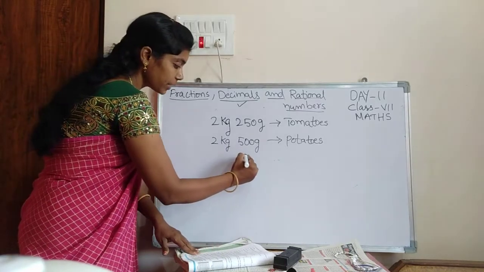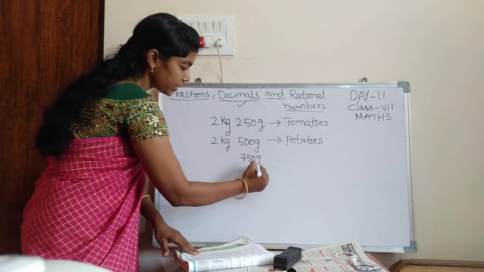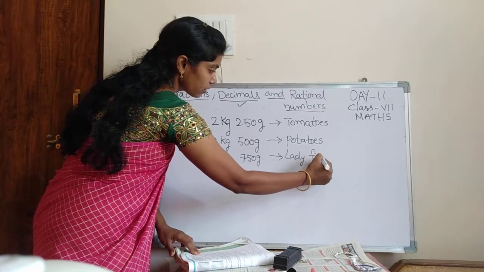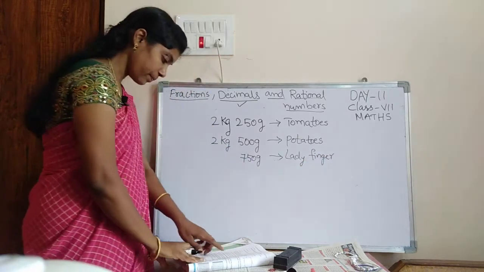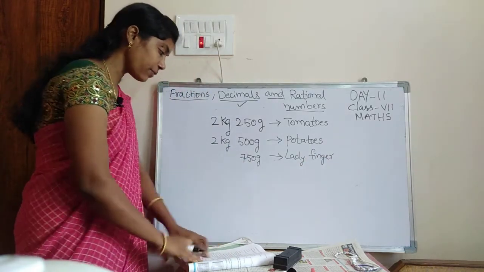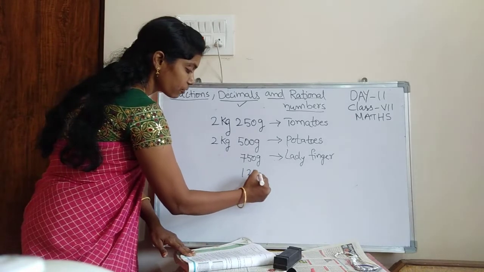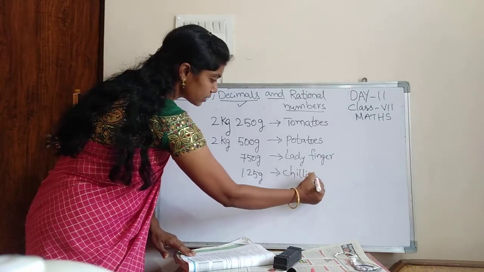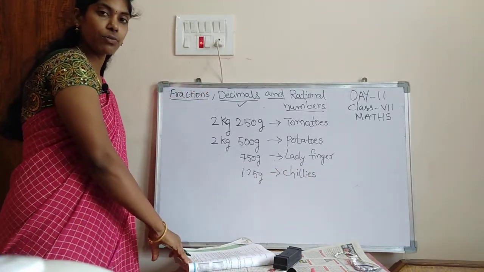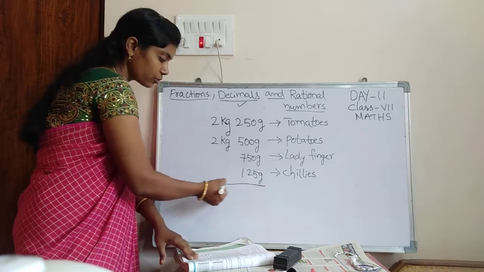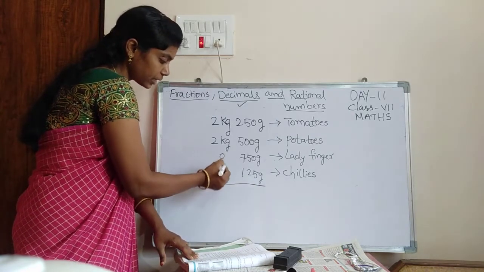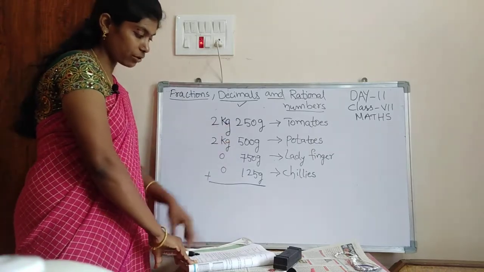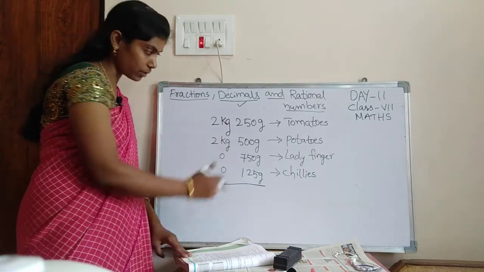Here nothing will be there in kg, here we will keep grams. 750 grams of lady's finger. Next, 125 grams of green chilies. I have written what Upendra bought. Now I should calculate the total weight. Here nothing is there, you can keep 0. It's not a problem. First we will start the calculation by adding all the grams.